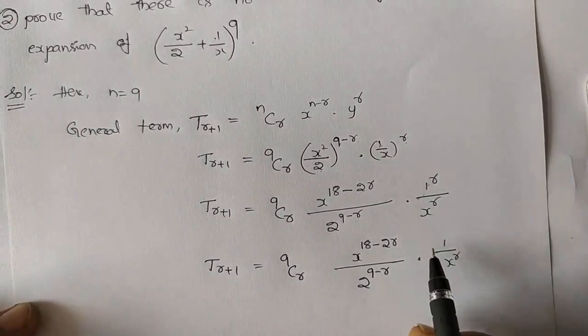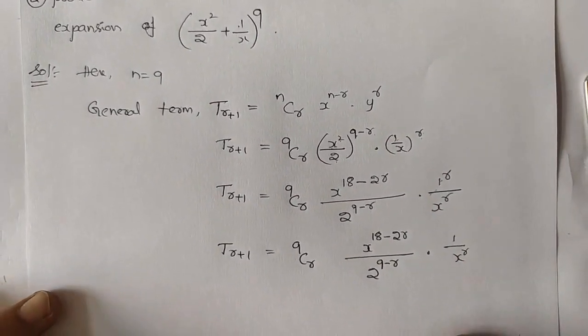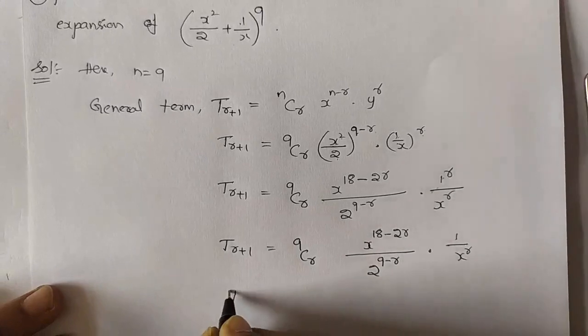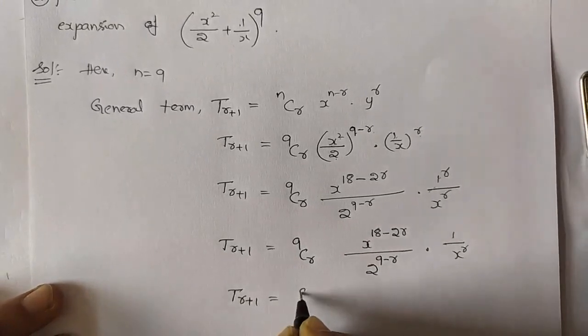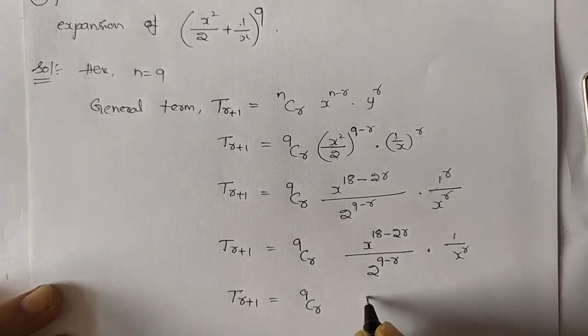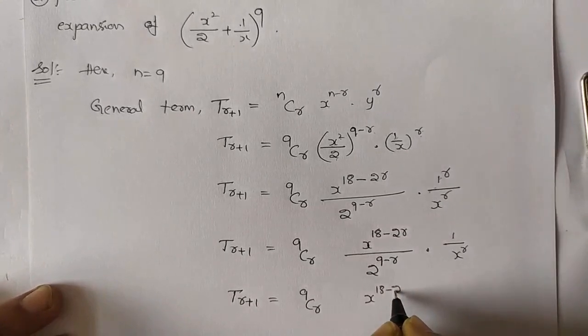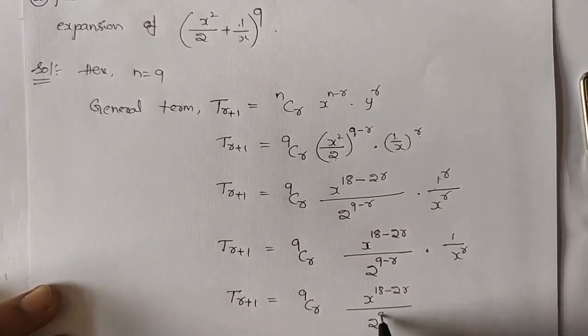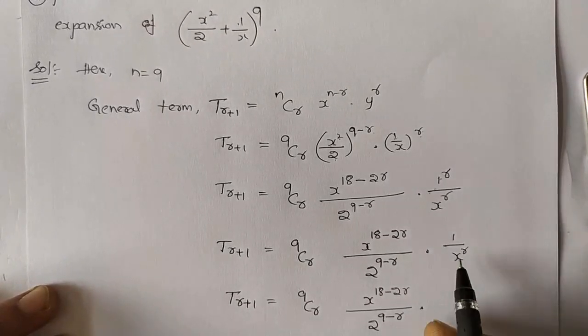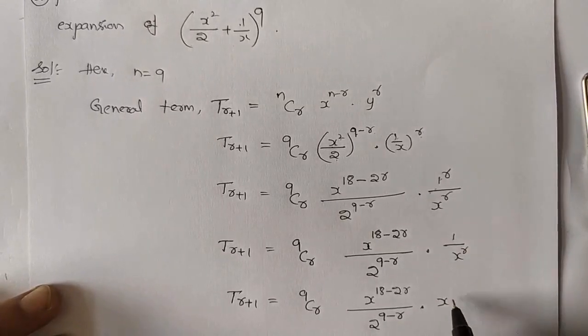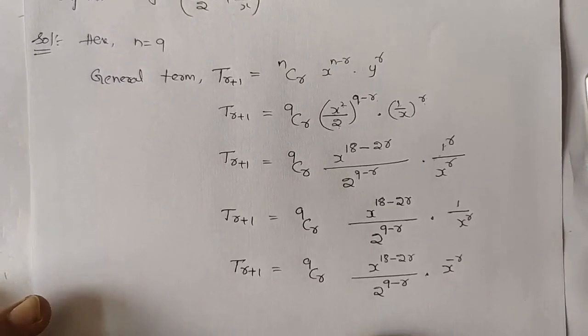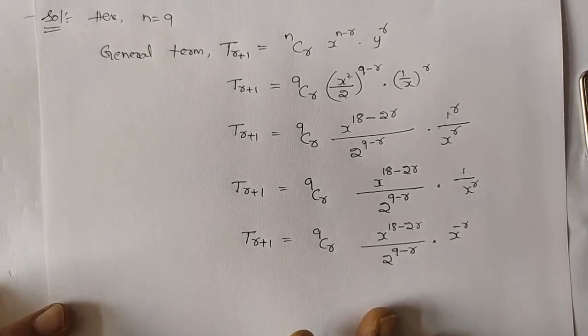These things I told you in the previous problem. T r plus 1 equals 9Cr x power 18 minus 2r divided by 2 power 9 minus r, keep it as it is. 1 by x power r will be x power minus r by using the laws of exponents.